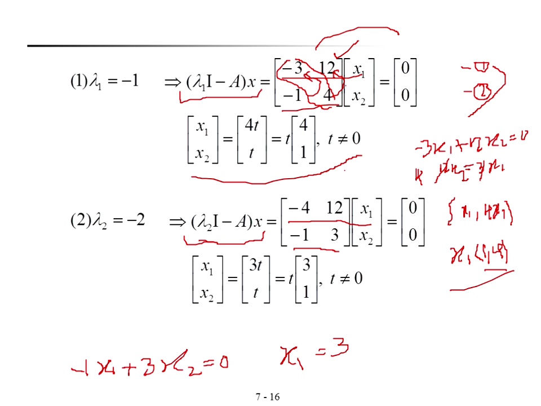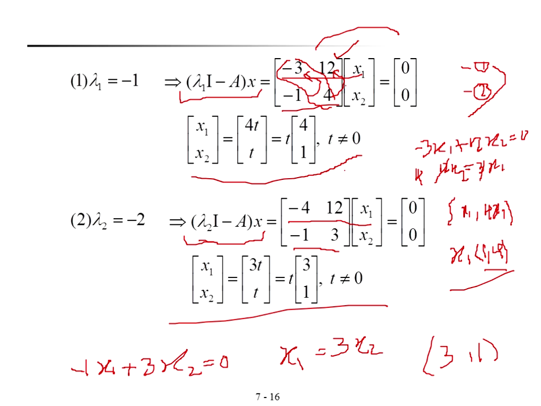From this we get 3x2, so our eigenvectors are 3 and 1. These are the eigenvectors. Either you can find from this or with this, whichever method you like, both are good methods.